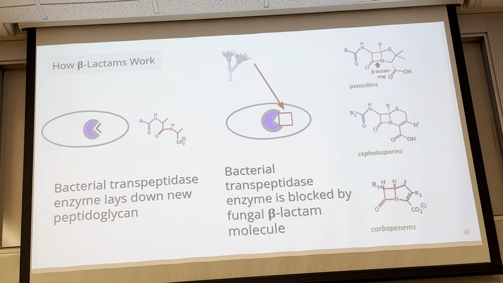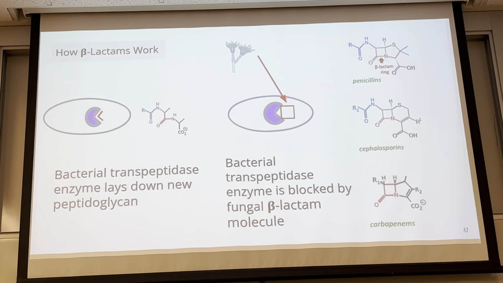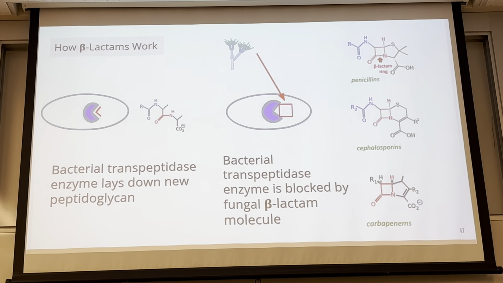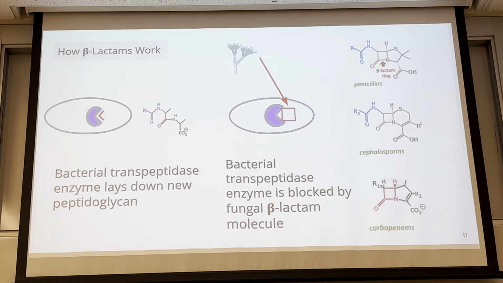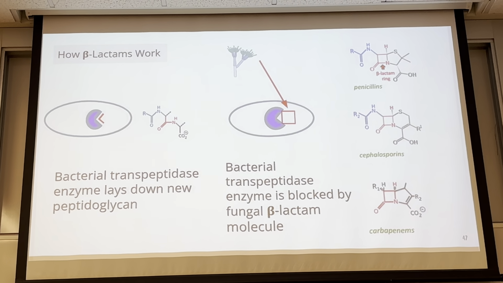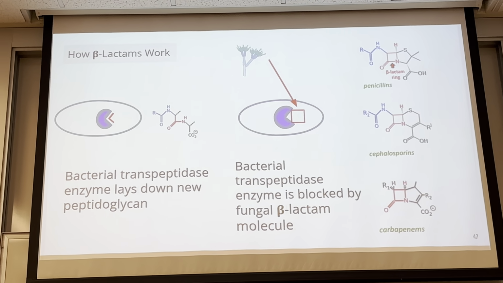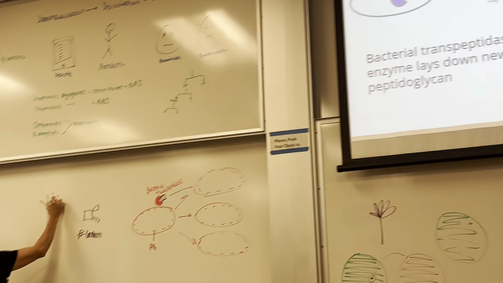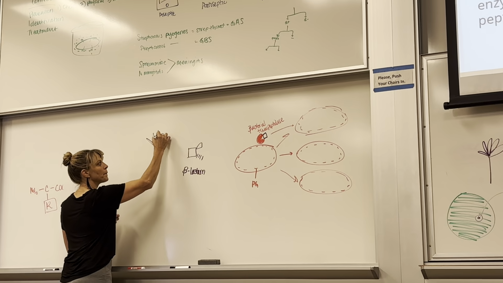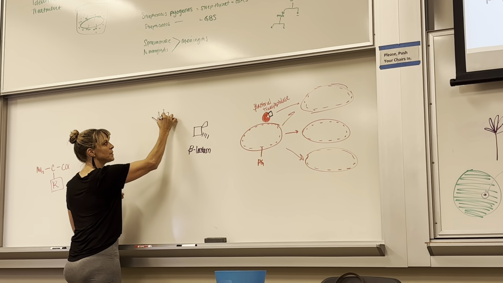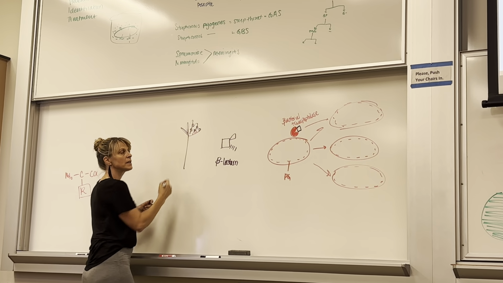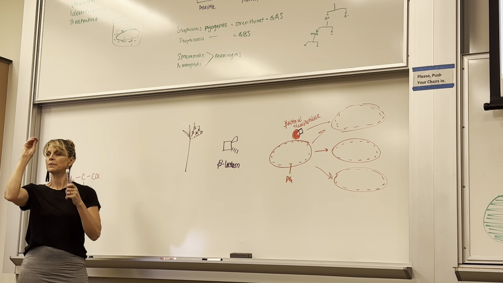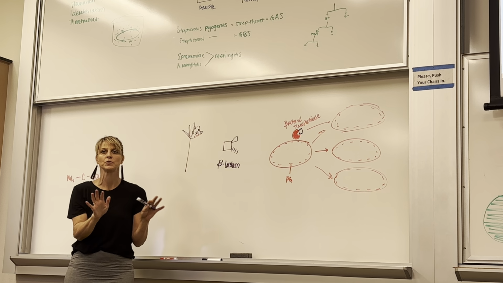So when this bacteria is trying to reproduce into new bacterial cultures and trying to lay down new peptidoglycan, the penicillium is making these beta-lactams, and now the enzyme can't lay down new peptidoglycan. I'm sorry, I'm totally confusing you.